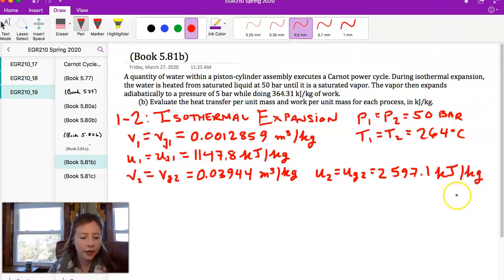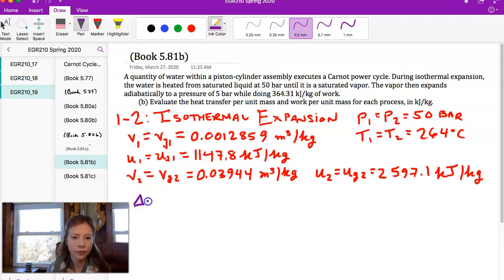Okay, and so for this, we are at a constant pressure process. So when delta P is 0, do we have pressure work? Or what does it mean when we're at constant pressure, right? So for a polytropic process, N is 0 for constant pressure. So this is constant pressure expansion.